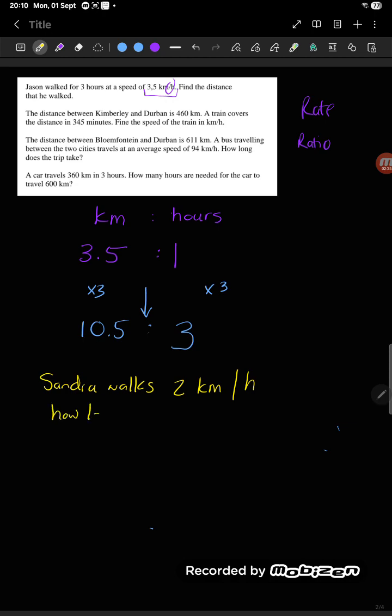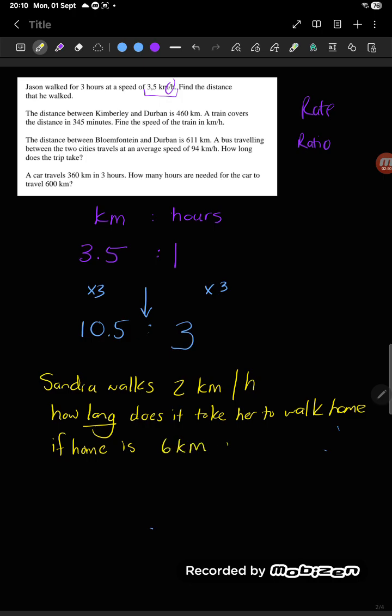How long, that means in hours, does it take her to walk home from school or somewhere? If home is, let's just say, 6 kilometers away. Okay, she's doing a little bit of exercise.